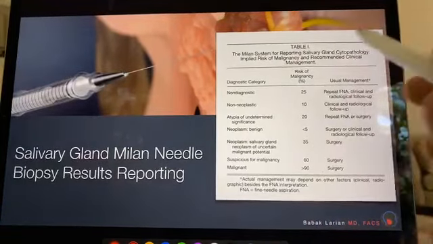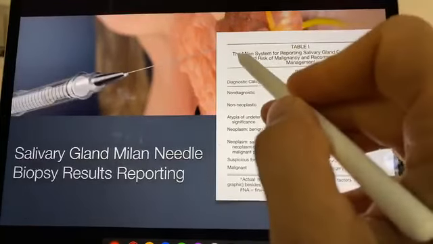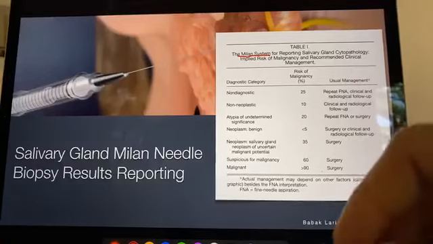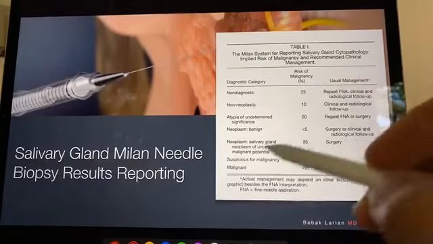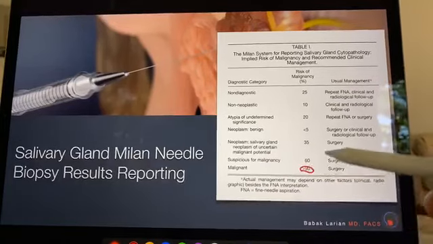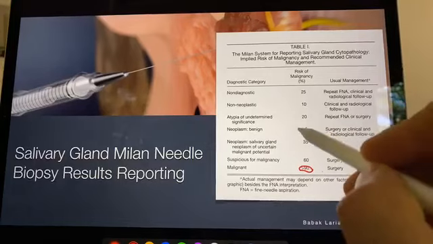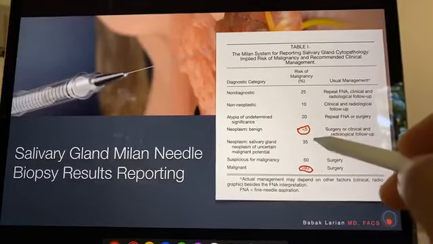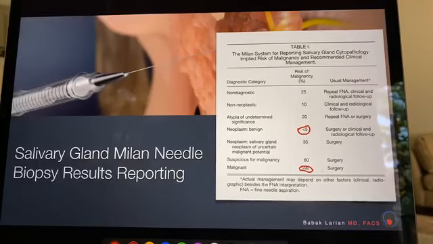And this is the reporting system for salivary gland tumors. It's called the Milan system, and it's important because it gives you the risk of cancer. When they say malignant, more than 90% of the time they're correct. Once they say it's benign, less than 5% of the time there's a cancer hiding there. So knowing these risk categories is very helpful and very important.